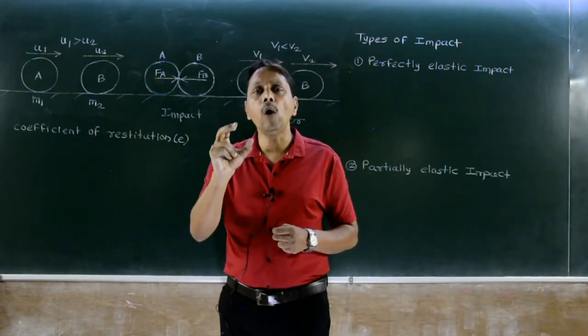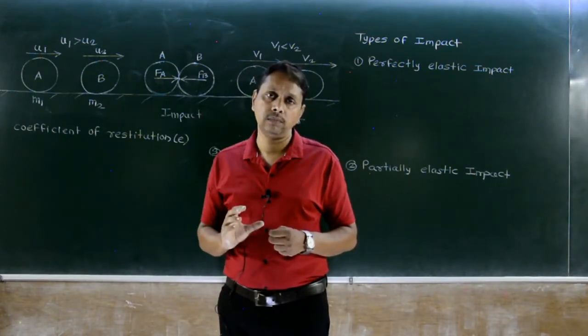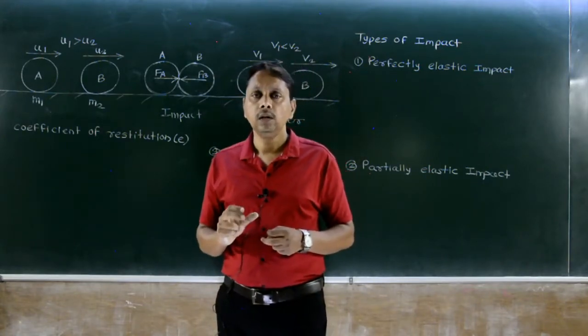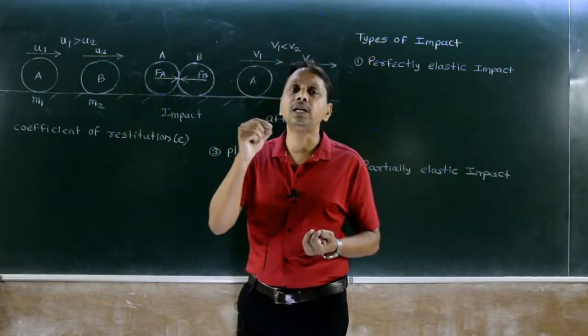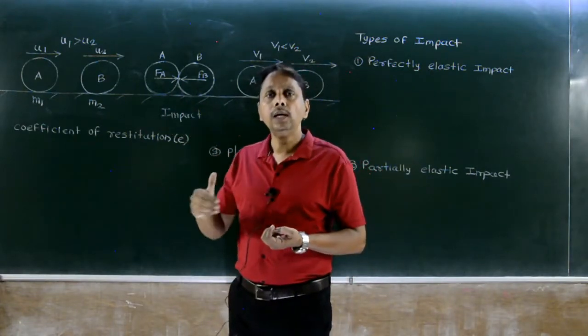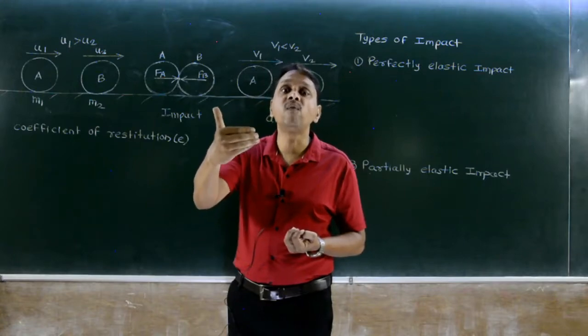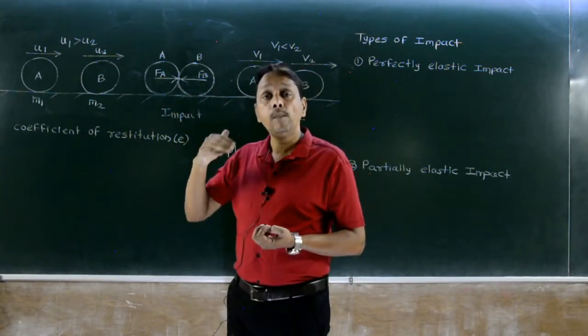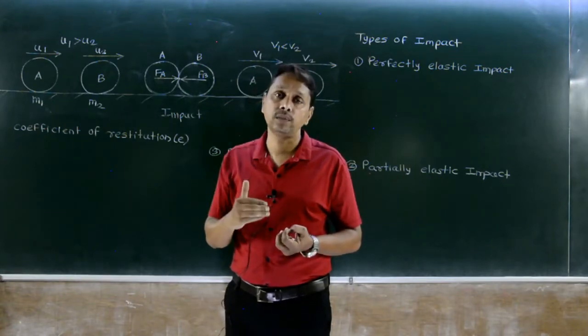One is the time of maximum deformation. It is measured from the instant of just contact to the instant of maximum deformation. Under the action of these two forces, FA and FB, the bodies undergo maximum deformation.